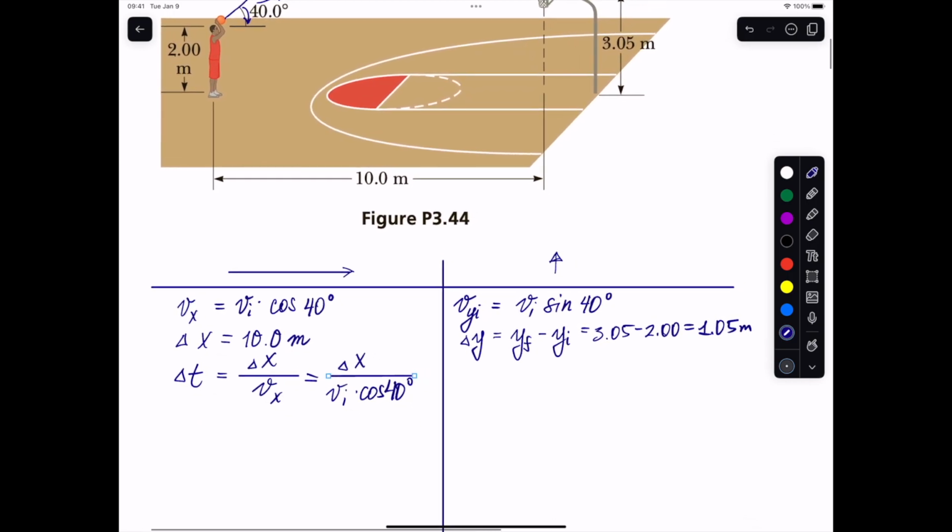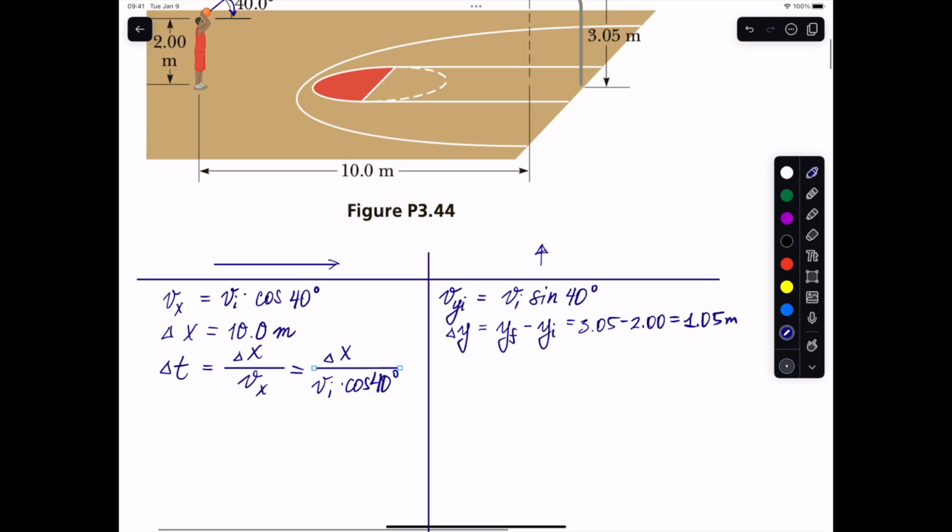So the formula that incorporates change in y, V initial, acceleration, and time is the time squared formula. So I'm going to say change in y equals V initial, mind you, that's V initial y, not V initial x, and not V initial total, times change in t plus 1/2 g change in t squared.